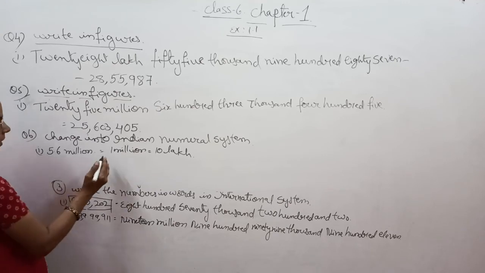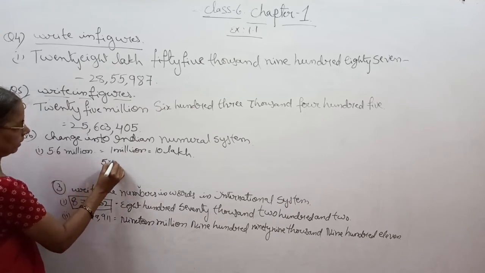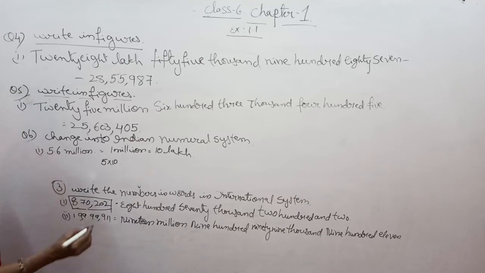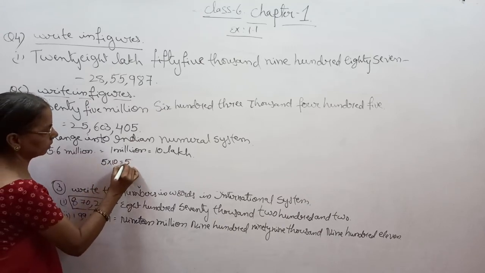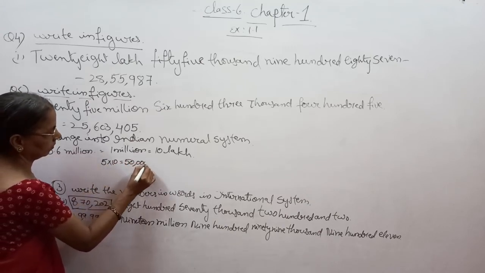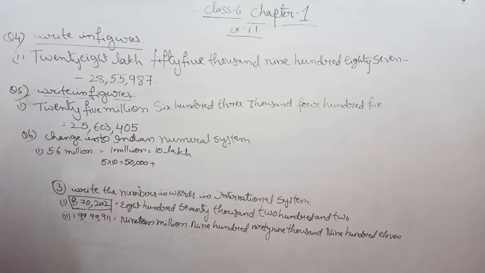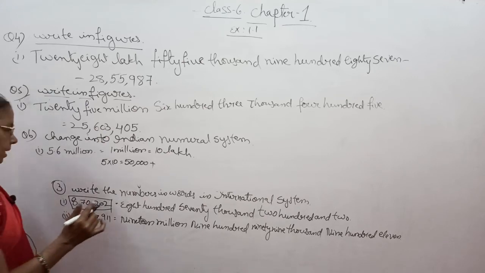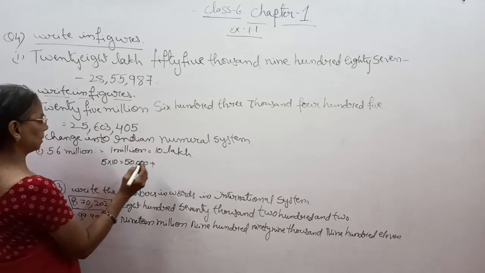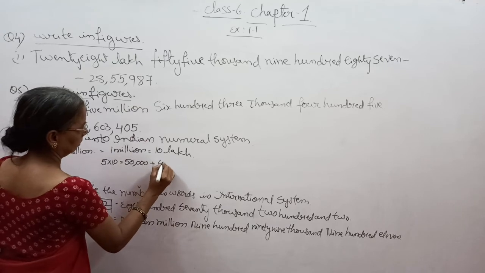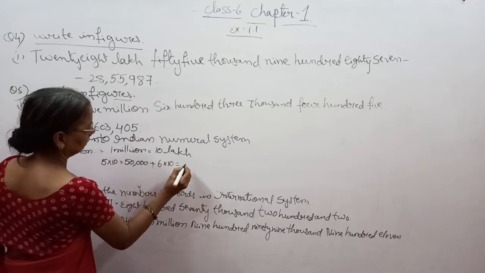Then 5 million means 5 into 10, that is 50 lakh, plus 6, that is 10 lakh, 6 into 10, that is 60.